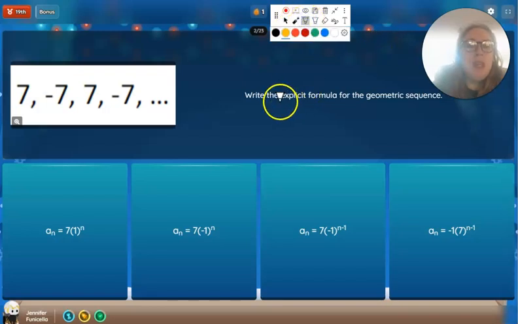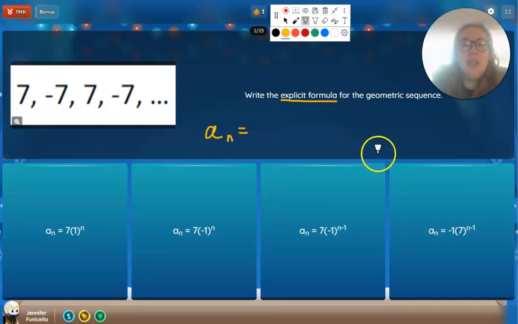And it's looking for the explicit formula for this sequence, okay? So our explicit formula means a sub n, or any certain term, is going to be the first term, a1, times our common ratio to the n minus 1 power, okay?